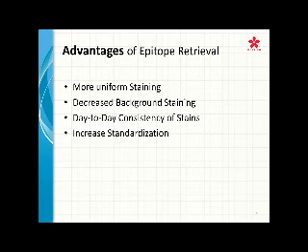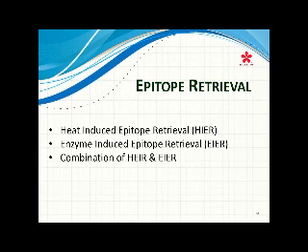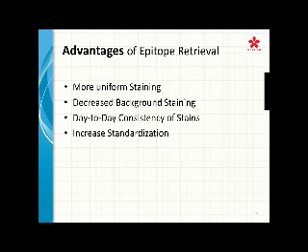We're going to go over heat-induced epitope retrieval, enzyme-induced epitope retrieval, and the combination of heat and enzyme-induced epitope retrieval. The advantages of epitope retrieval are that you have more uniform staining, decreased background staining, and day-to-day consistency of stains, and it helps you increase standardization. As we go through what epitope retrieval is, just remember what the advantages are.